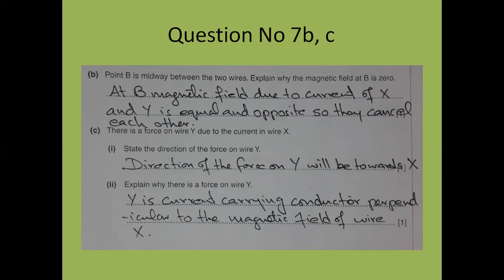So our answer is: at B, the magnetic field due to the current of X and Y is equal and opposite, so they cancel each other. The magnetic field produced by wire X and by wire Y at point B are in the opposite direction and equal in magnitude, so they cancel out each other's effect. This is our answer.